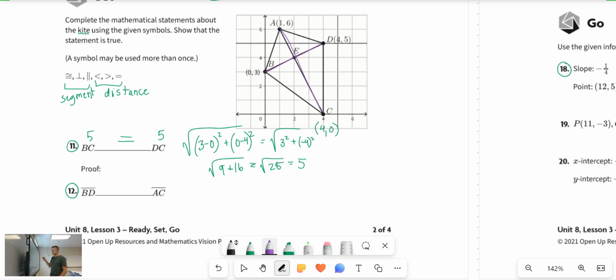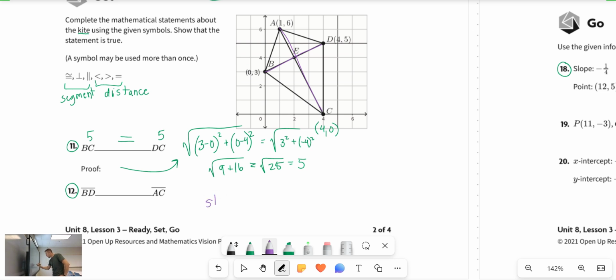So let's see if BD and AC, oh, I'm sorry, the proof on the previous one was up here, right? Because we calculated that it was equal to 5. So BD and AC, and we're looking for proving perpendicular, right? So perpendicular means opposite reciprocal slopes, right? So if we can find opposite reciprocal slopes between these two, then we know it's perpendicular.